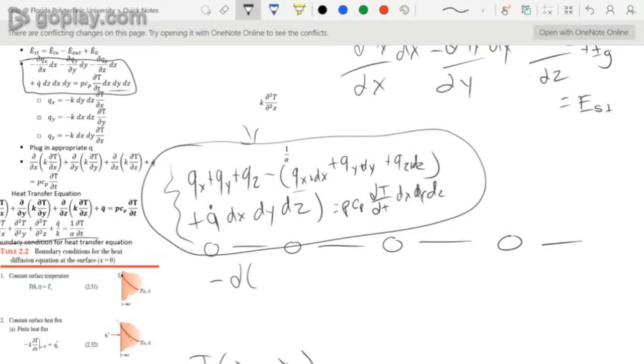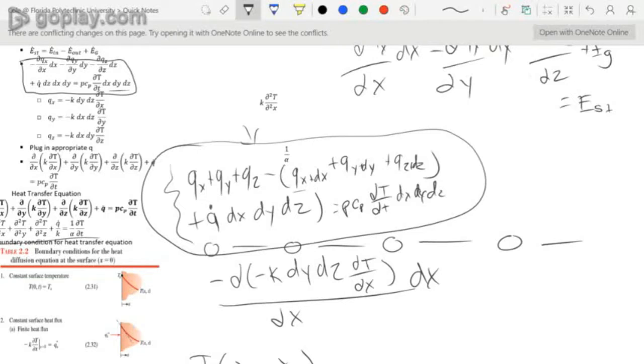Remember it's negative, so times negative k dy dz, because it's perpendicular to the heat flow in the x direction. So that's the area that's perpendicular, times the temperature gradient in the x direction, with respect to x.